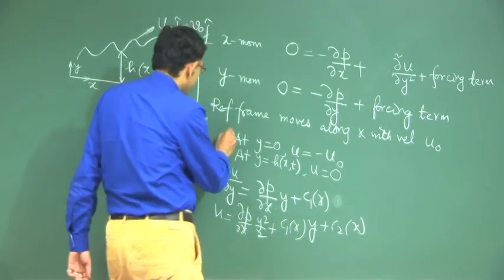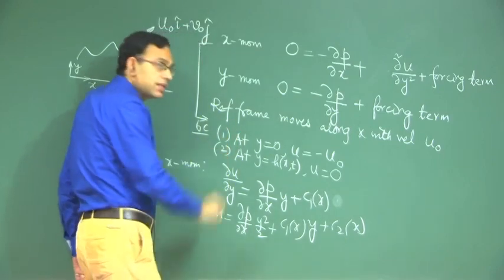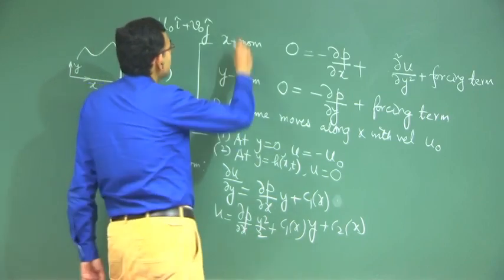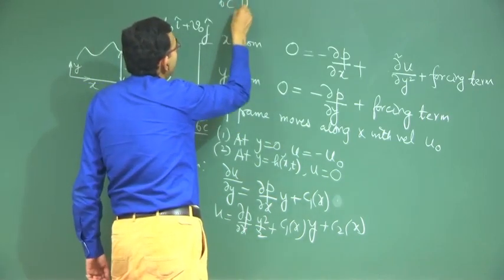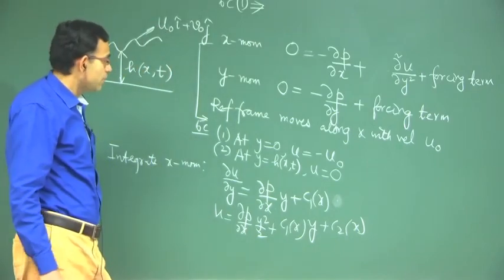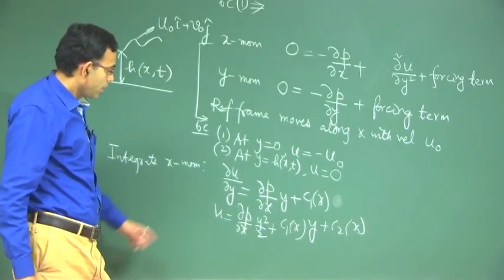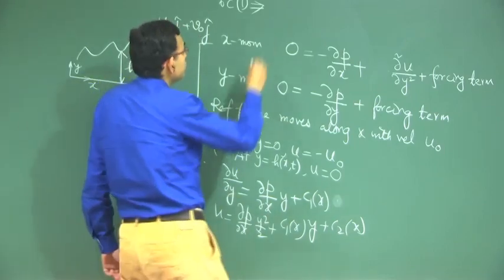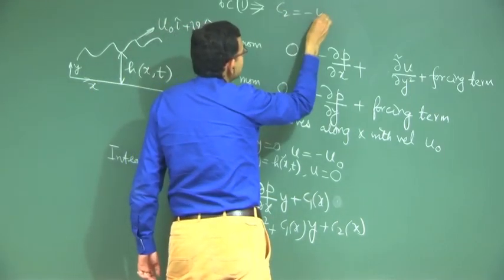Let us call this boundary condition number 1 and this boundary condition number 2. So, boundary condition number 1 will imply at y equal to 0, u is equal to minus u0, means C2 is minus u0.